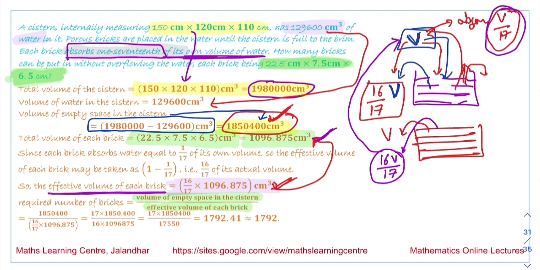So it is 1850400, and we are dividing it with 16 by 17 into 1096.875, and the approximate answer we will get on dividing these values, it is 1792. So these are the approximate number of bricks that can be put in the cistern without overflowing the water.